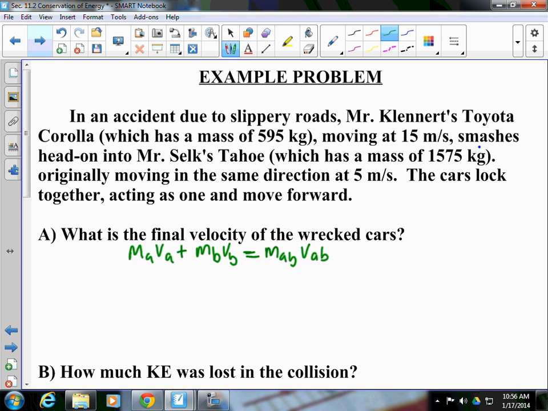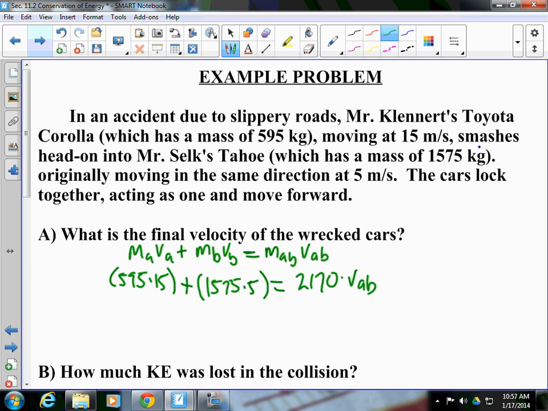So when we plug in numbers, we're going to have 595 times 15 plus 1575 times 5 is equal to MAB. Well, you add the masses of both vehicles together. 1575 plus 595 ends up being 2170 times VAB.